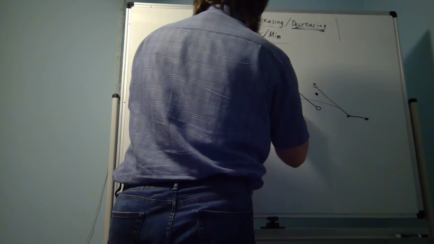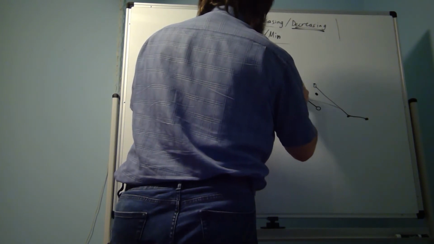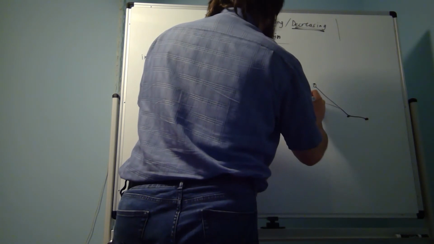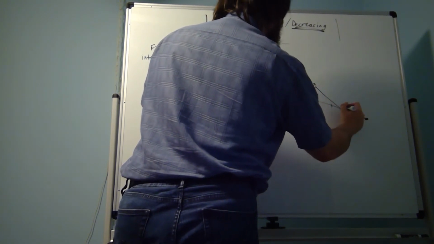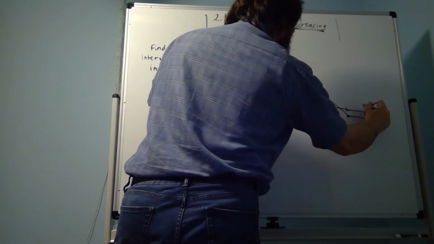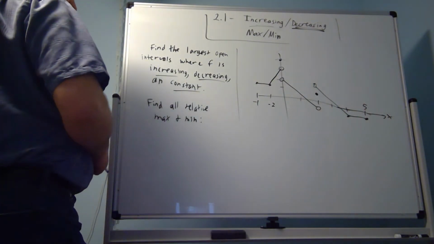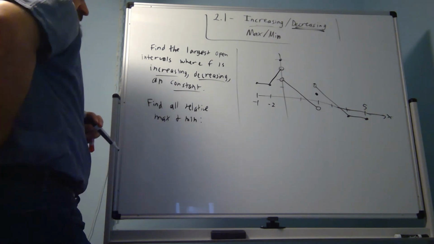And I don't know, let's just make this -1, -2, 1, 2, 3, 4, +1, +2, 3, 4, and let's make that 5. All right.